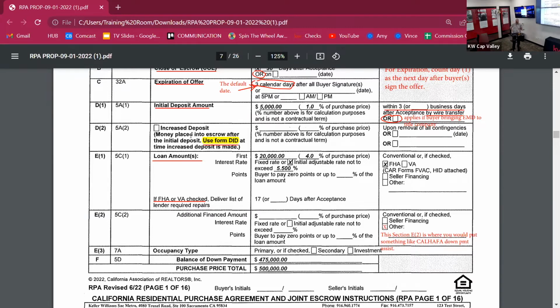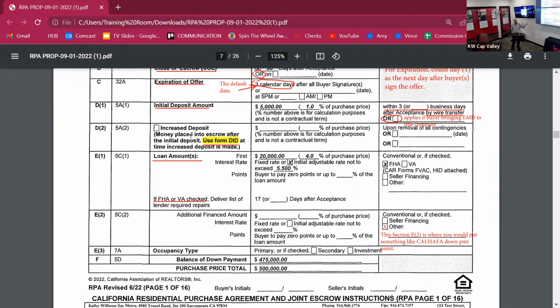The way the law on liquidated damages works in California, I can't speak to other states, but in California, you have to specifically reference in a written document that is executed by both parties that if you increase the deposit, the increase will not be allowed to be part of liquidated damages unless you have a separate document that specifically says so. That's what this form DID is.